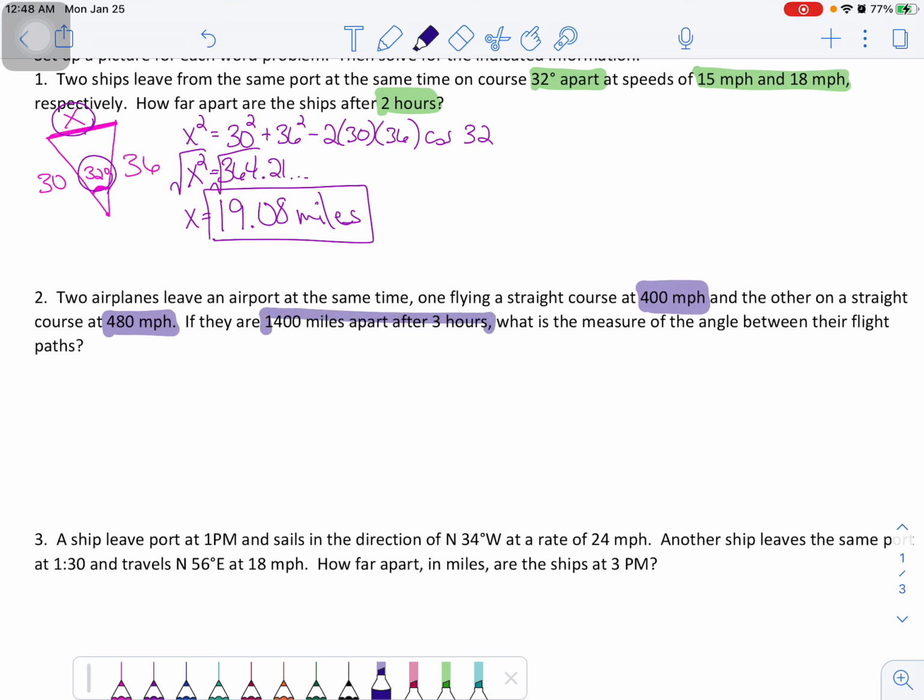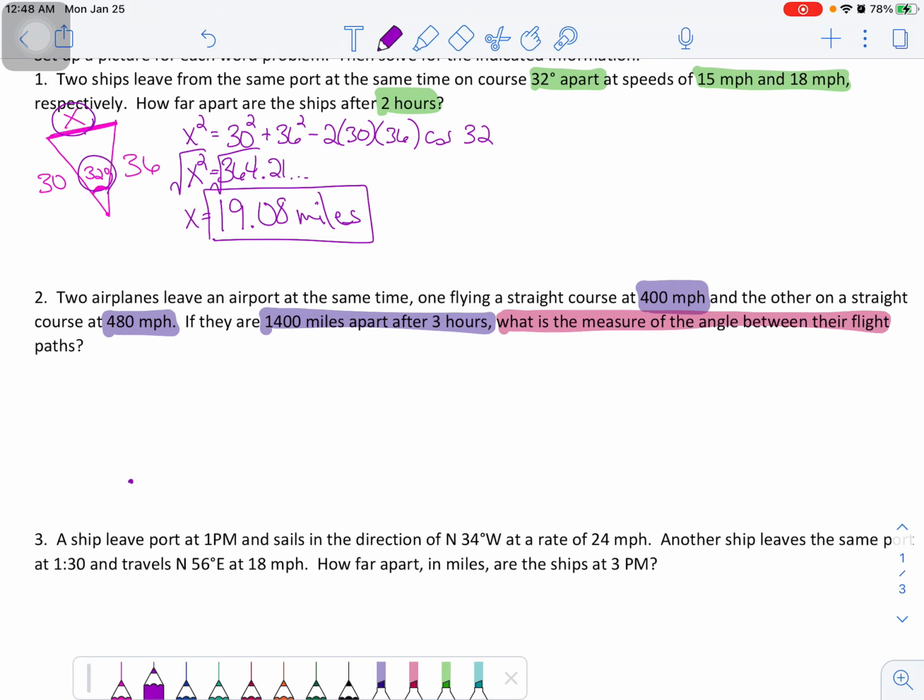If they are 1,400 miles apart after 3 hours, what is the measure of the angle between their flight paths? So this is very much like the first problem. The difference is I'm giving you in problem number 2 the distance apart. We've got to figure out the angle.